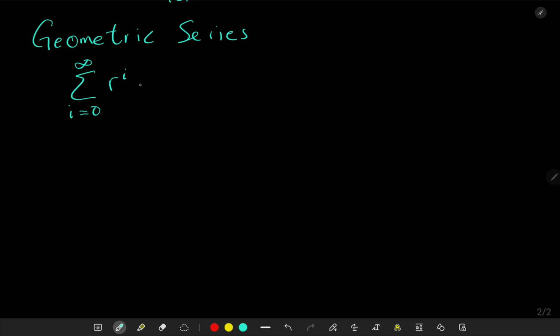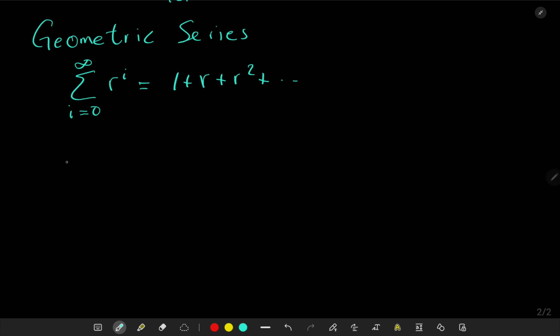All right, so these are going to be things of the form 1 plus r plus r squared plus dot dot dot all the way out to infinity. So we want to analyze this series and find out what's going to happen.